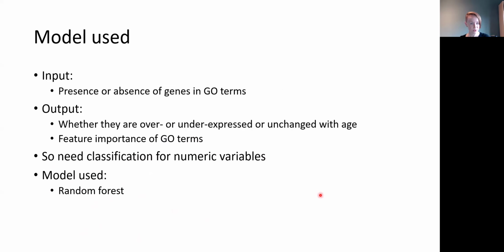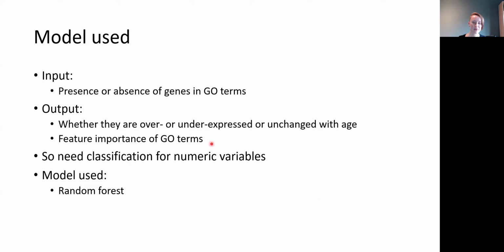So for the model used, our input is essentially the presence or absence of genes in GO terms based on our different categories, whether or not they are over or underexpressed or unchanged with age. And we also want to pull out some kind of feature importance of the GO terms.